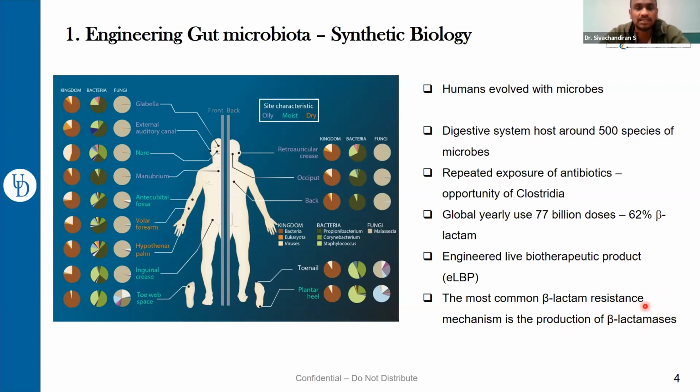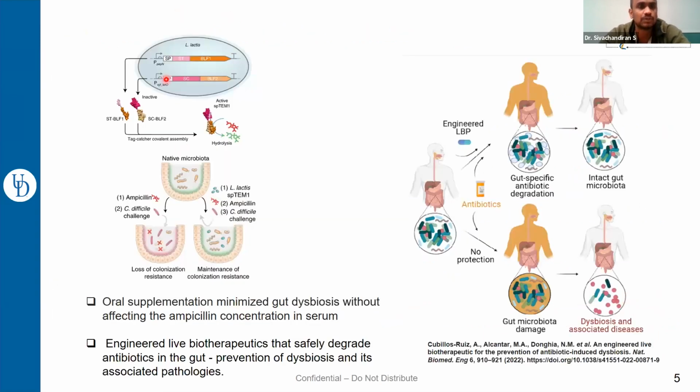So they discovered the biosynthetic pathway to make beta-lactamase, and they put this pathway in the Lactobacillus species. Once they engineered this Lactobacillus species, they supplied it in the human gut, and they supplied the antibiotics along with the engineered Lactobacillus species.